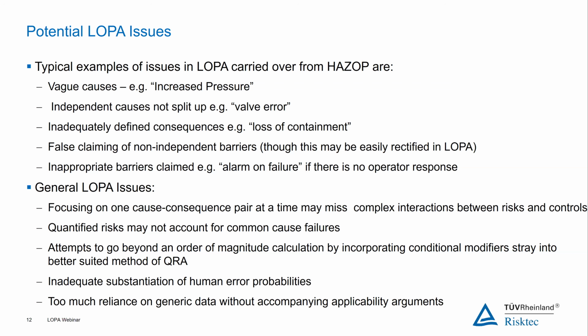And I suppose that comes down to the last one as well, inappropriate barriers being claimed. Claiming just, oh, there's an alarm, that's not an effective barrier in and of itself. An alarm in and of itself will do nothing. It's the operator response in combination with the alarm informing them of an issue that is the main control there, and we need to make sure that the barrier is not only fully defined, but effective.